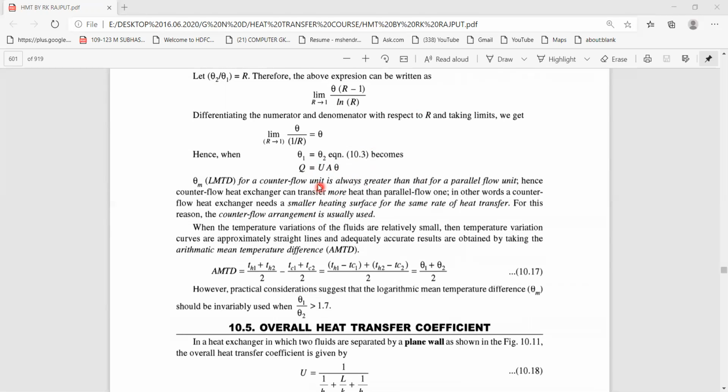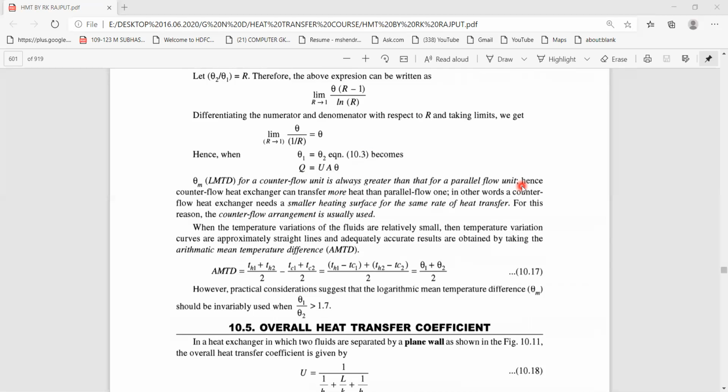Okay, fine. So theta m, the LMTD for the counterflow unit, is always greater than that of the parallel flow heat exchanger. Remember guys, the LMTD for a counterflow heat exchanger is more than the LMTD of a parallel flow heat exchanger. Listen carefully: for the same size of parallel flow and counterflow heat exchanger, the LMTD of the counterflow heat exchanger is more.